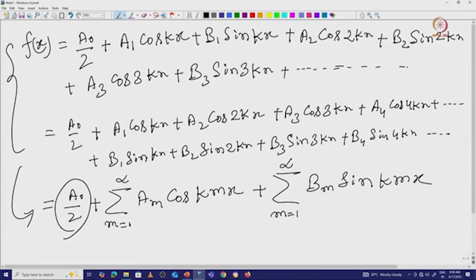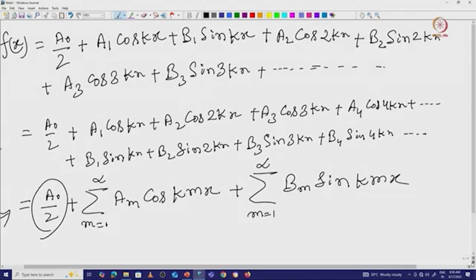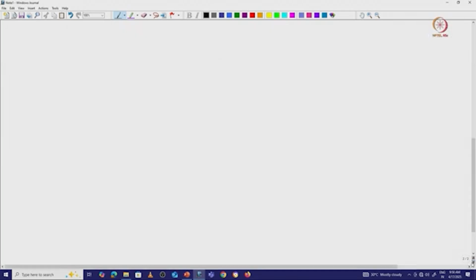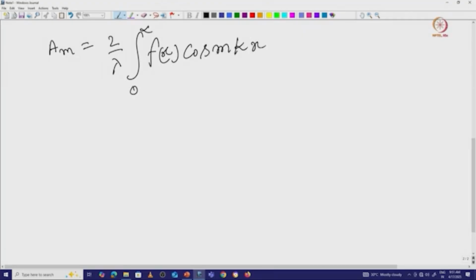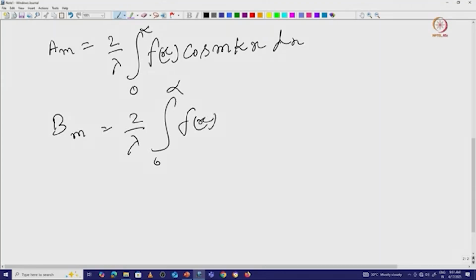Now, if we have to determine what will be the amplitude Am, generally this amplitude will be determined by 2 by lambda, integral 0 to infinity f of x cos mkx dx, and Bm is 2 by lambda, integral 0 to infinity f of x sin mkx dx.